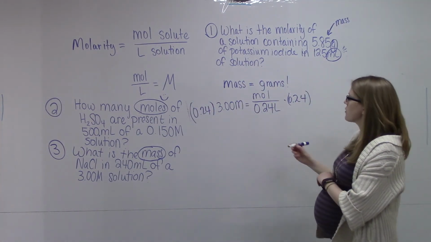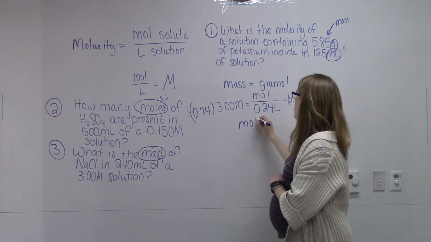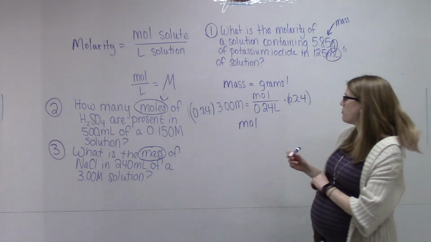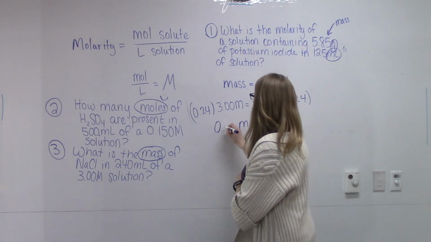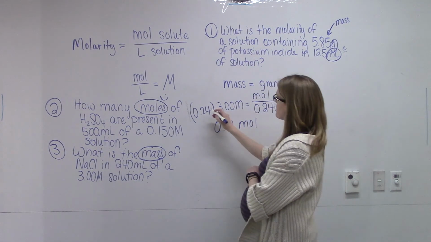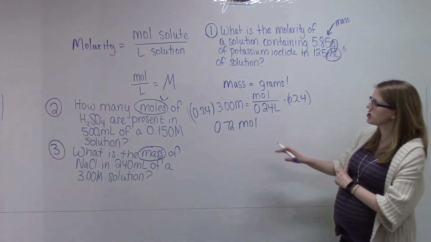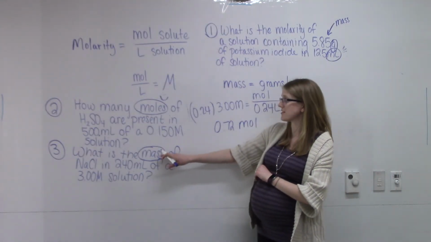Okay, and for the moles, we get 0.72. And what is that? That is 0.24 times 3. We get 0.72.